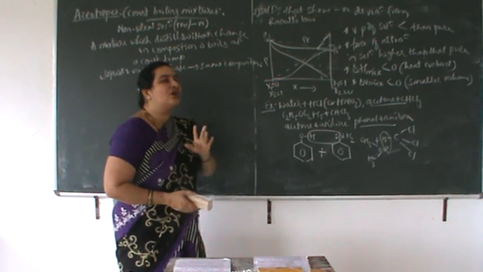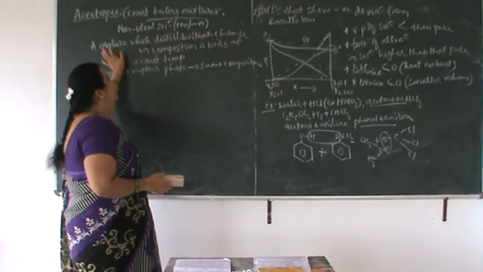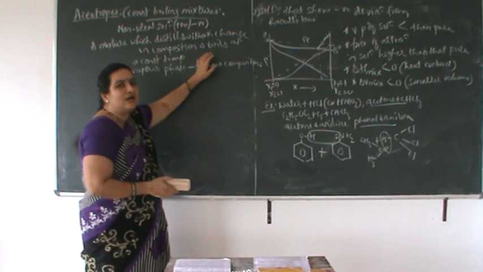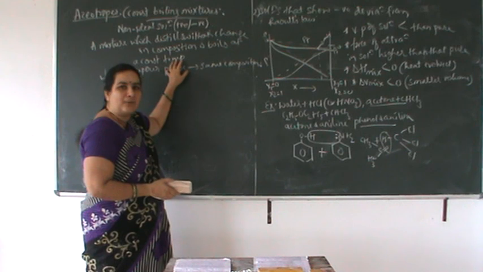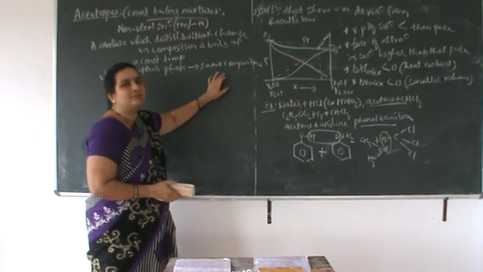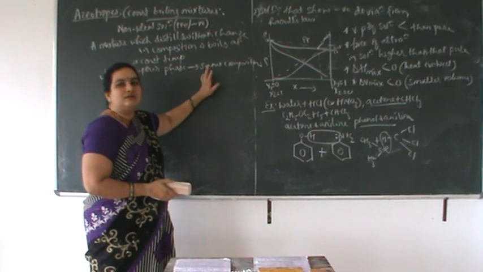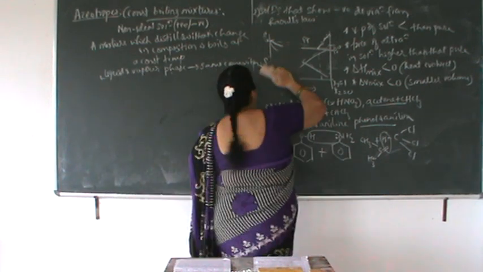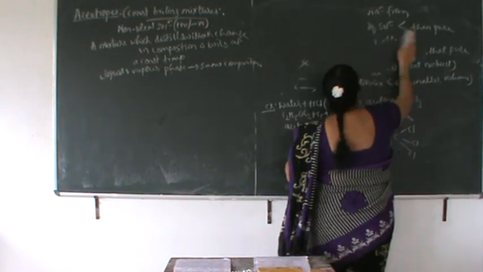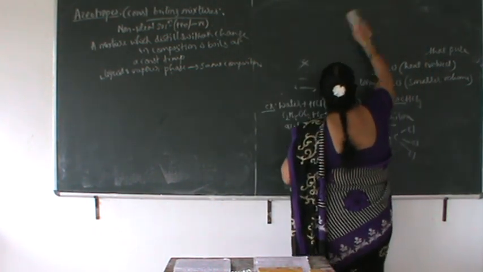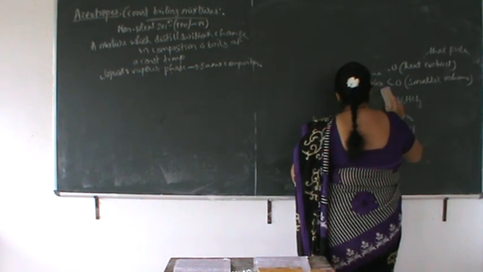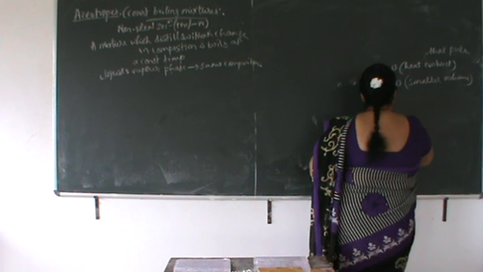So what is the cause? The cause is that a mixture which distills without change in composition and boils at a constant temperature is obtained, where the liquid and vapor phase will have the same composition at the boiling point. So these types of solutions are called azeotropes, and it is not possible to separate the components of azeotropes by fractional distillation.